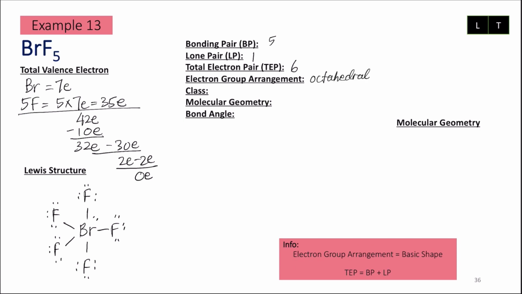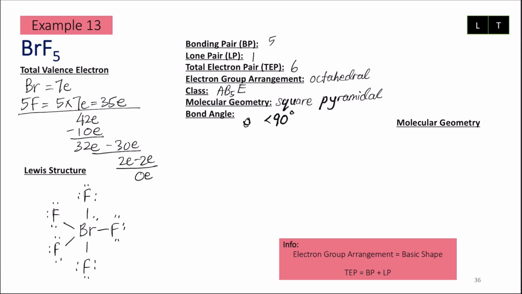And the class will be AB5E, because we have 5 bonding pairs and 1 lone pair. And the molecular geometry for this case is no longer the same as octahedral, but it changes because of the presence of the lone pair, which will be square pyramidal. And the bond angle will be less than 90 degree.